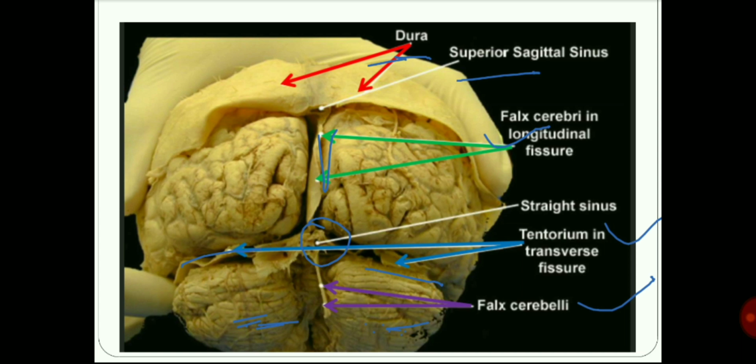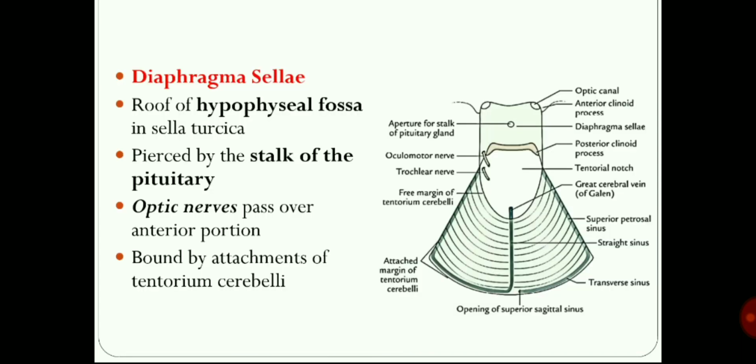Now the last fold is the diaphragma sellae, which is located above the hypophyseal fossa, forming the roof of this fossa. Here in the center it is pierced by the pituitary stalk or infundibulum.